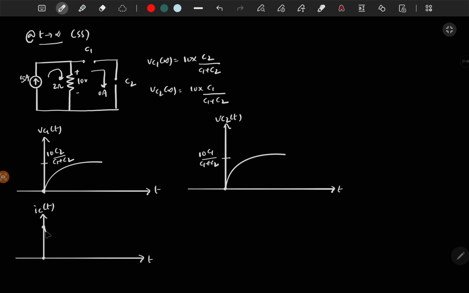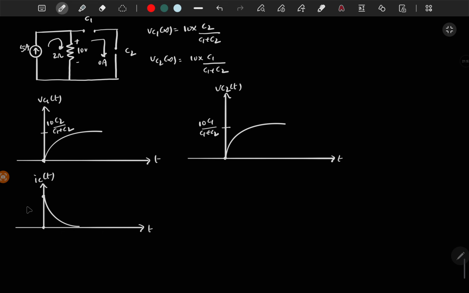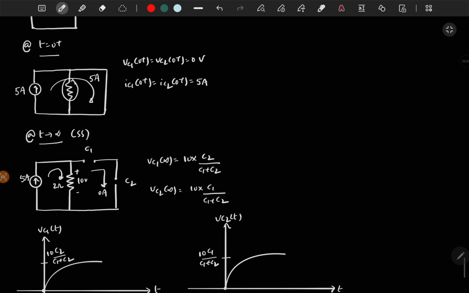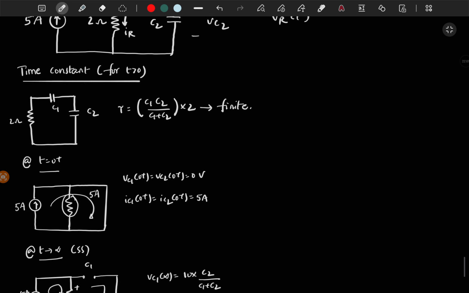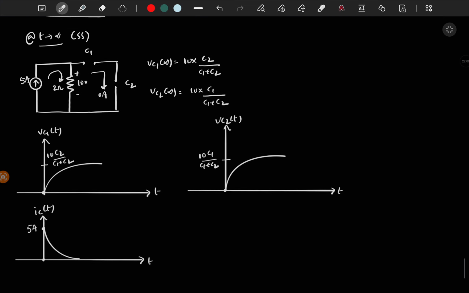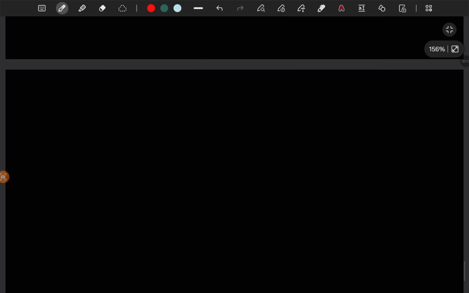At steady state, this is 0, and at t is equal to 0 plus it is 5 amps. So that's how you can get these waveforms, and this is a simple circuit. And yeah, now let's solve another problem.